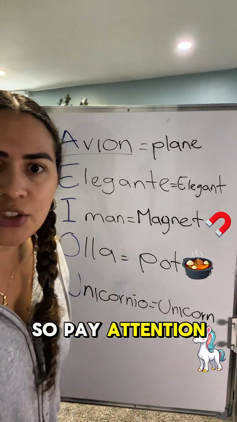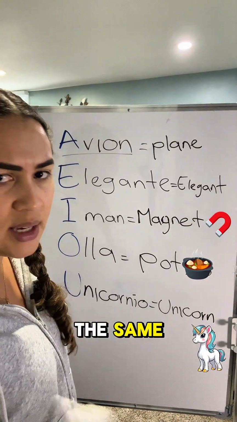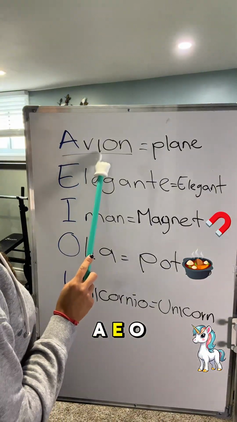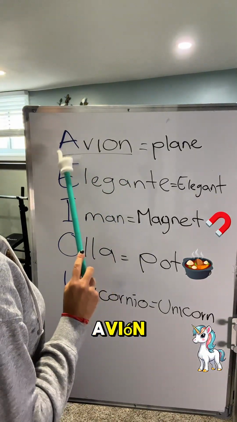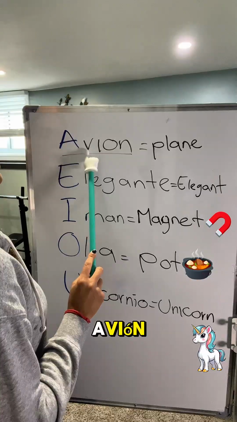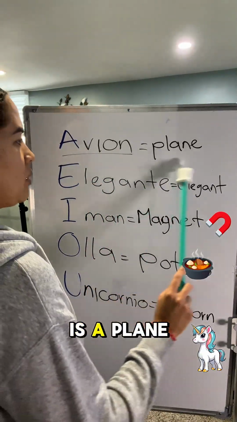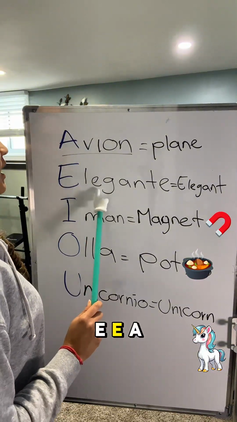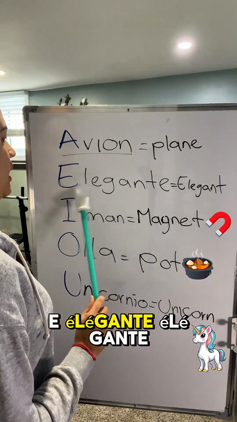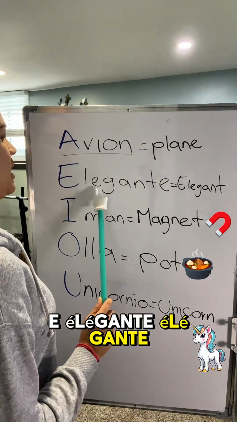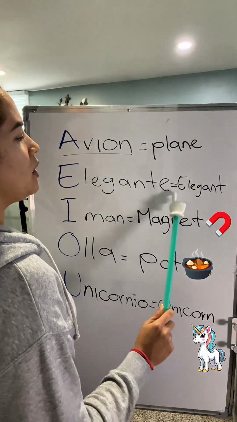So, pay attention. They always sound the same. A, I, O. Avión, which is a plane. E, E, A, E. Elegante. Elegant.